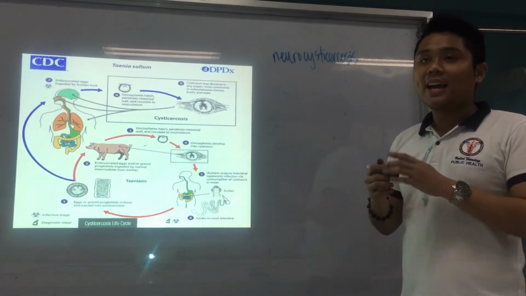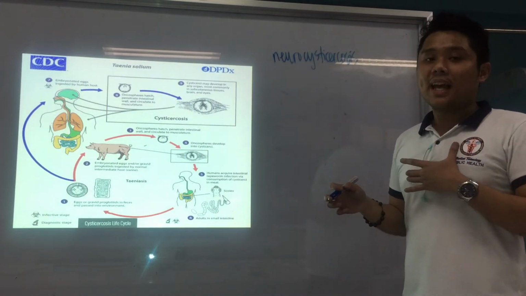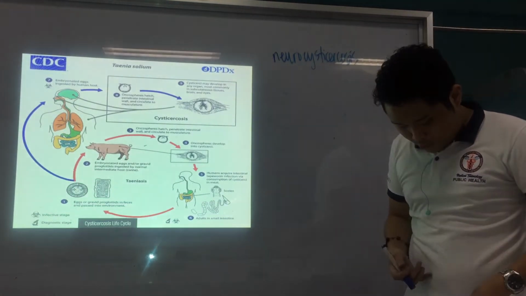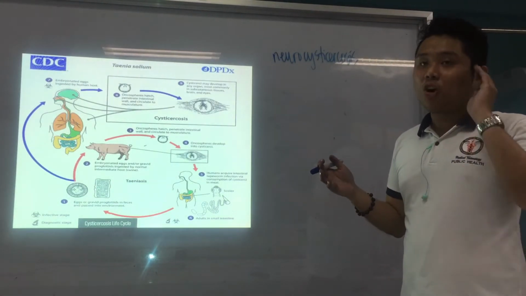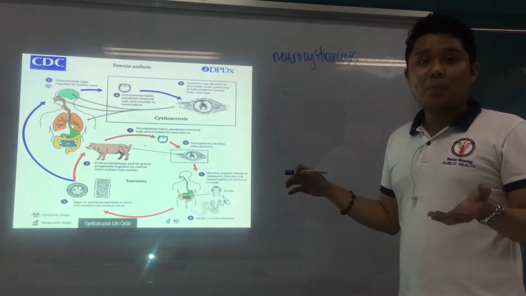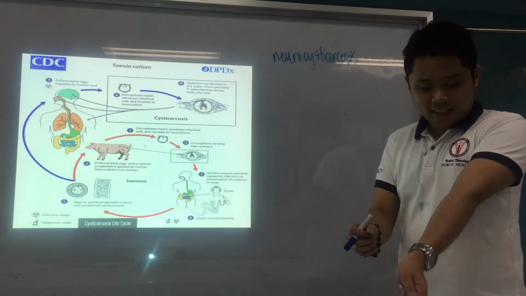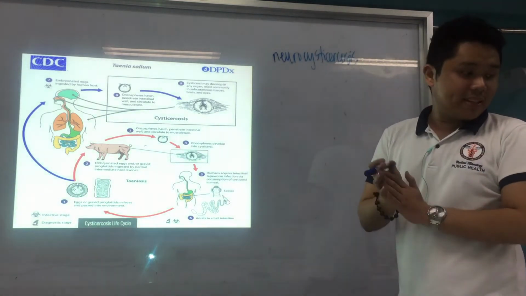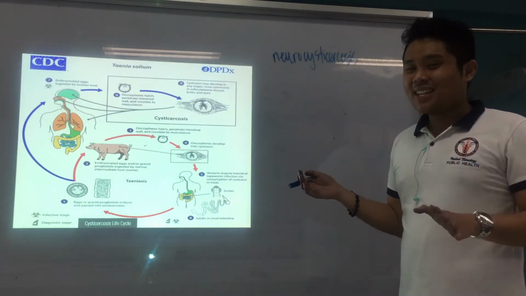If the larva of Taenia solium develops in the brain, it causes neurocysticercosis. But it can also develop in different parts of the body, like the eyes or the subcutaneous tissues. That can only be seen in Taenia solium. You cannot see that in Taenia saginata. Okay, guys? I hope you get it.